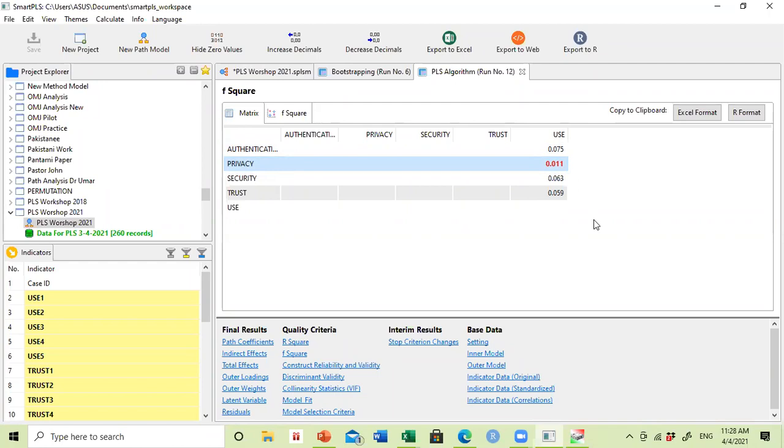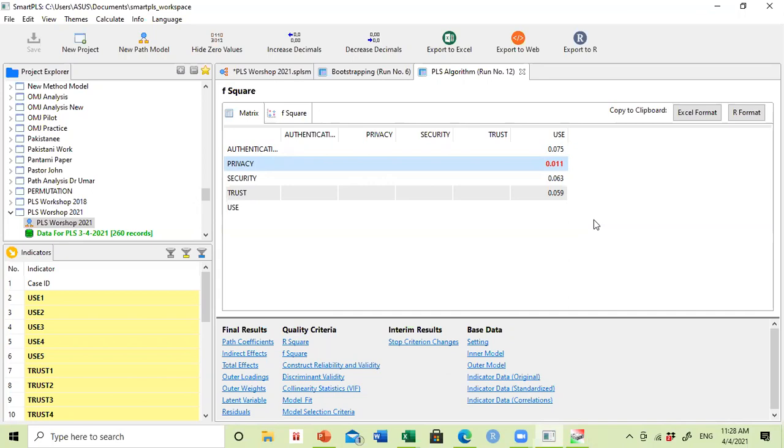That is the reason why a lot of people are saying that in addition to reporting the T value, P value, and confidence interval, you should also put F square as one of the parameters to assess the level of significance.